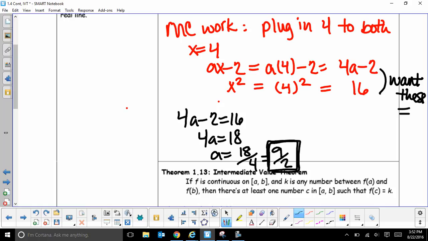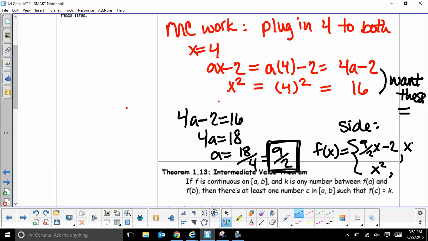Here's the a value. What this means as a side note, I don't want it over there because you should leave that white for your questions. What this means as a side note is that f of x written as 9 halves x minus 2 and then x squared, that function, with x greater than 4 on top and x less than or equal to 4 on the bottom, is continuous for all x in R, for all real x.